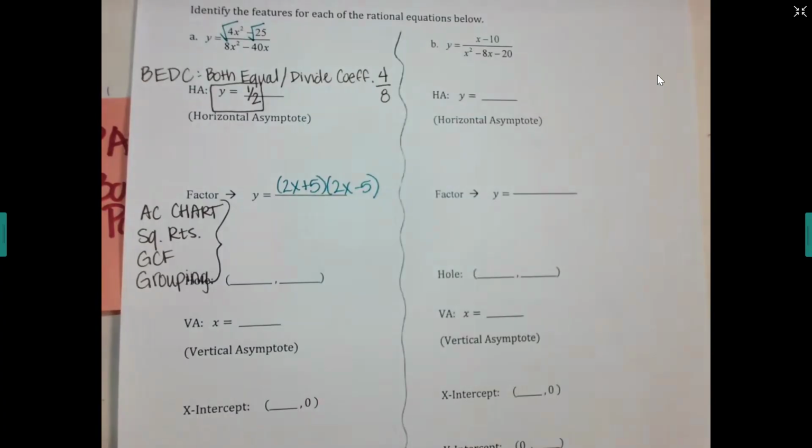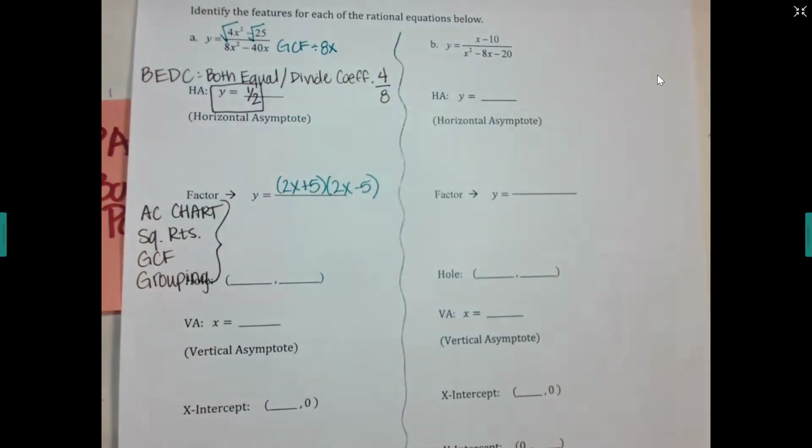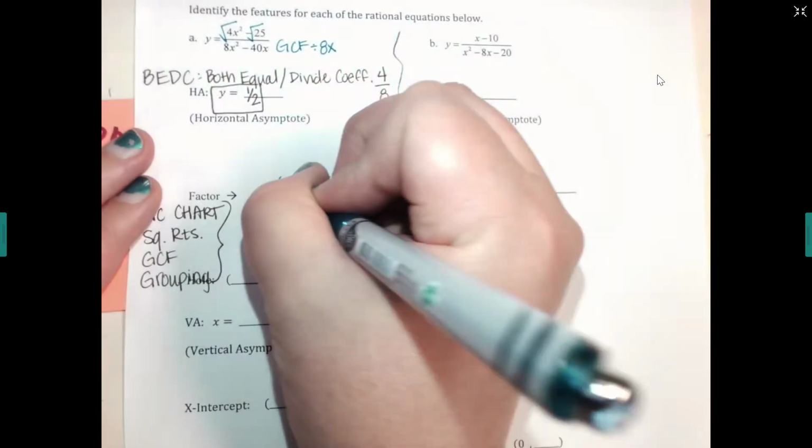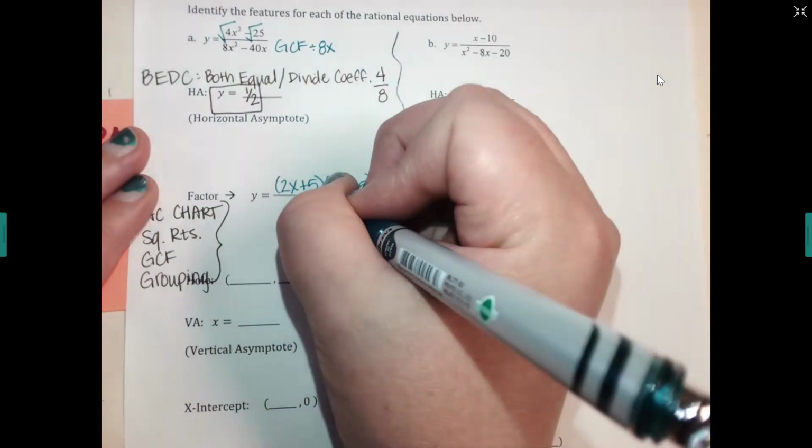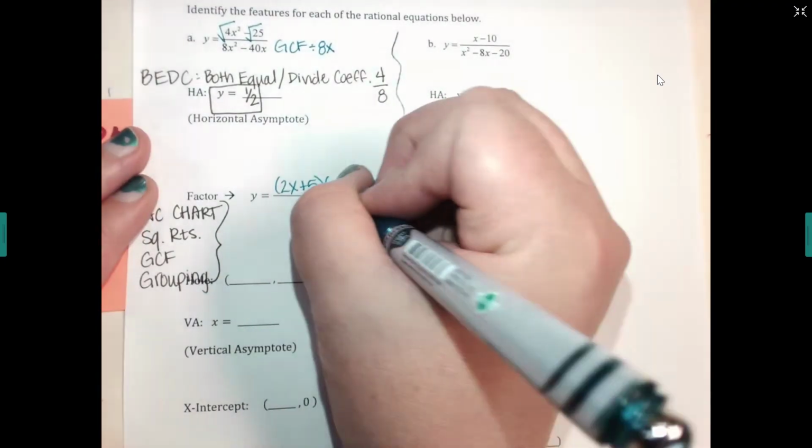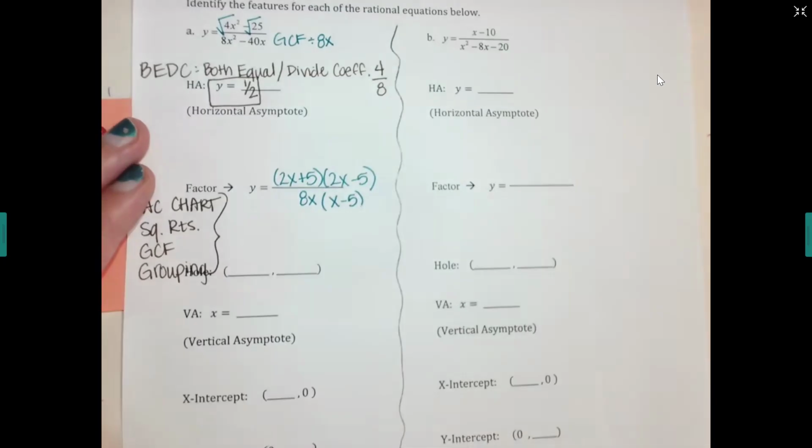If they both have an x, that means it's GCF. I know I can take at least an x out. Is there a number I could also divide out? Bigger than 4. Let's go ahead and take out the 8. So it'd be an 8x. 8x goes all the way to the front, which means my 8x squared is just a regular x now. And my -40 would be an x - 5.